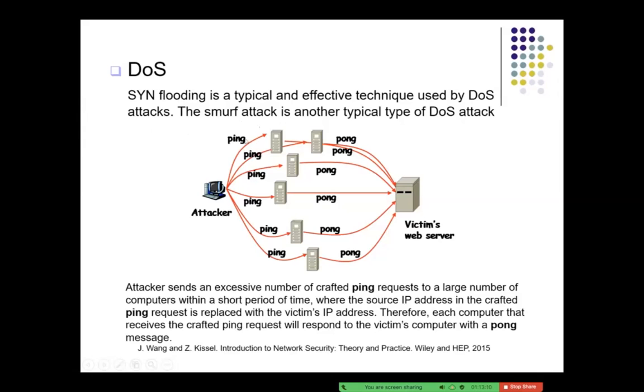In this Smurf attack, the attacker sends a ping packet to a lot of hosts, but the source IP of this ping packet has been crafted to be a certain victim's IP address.